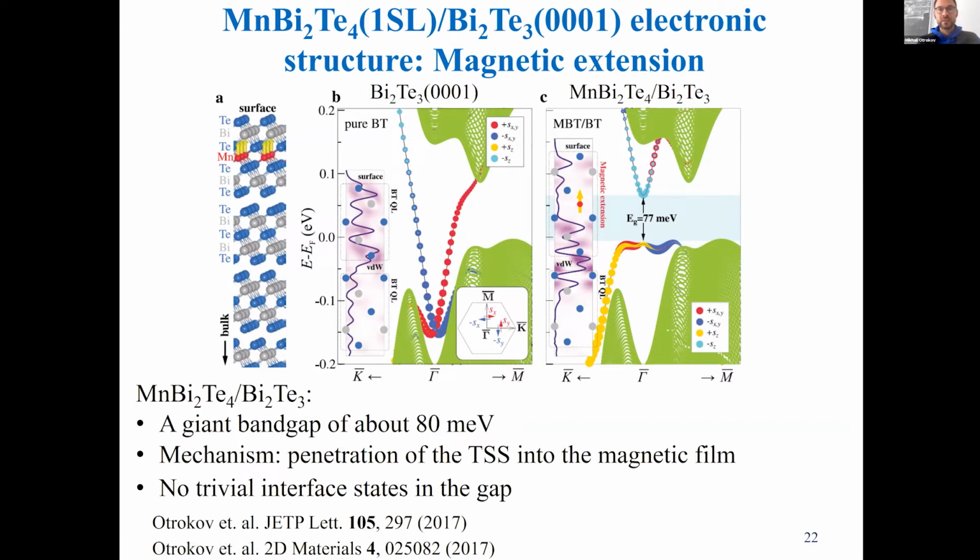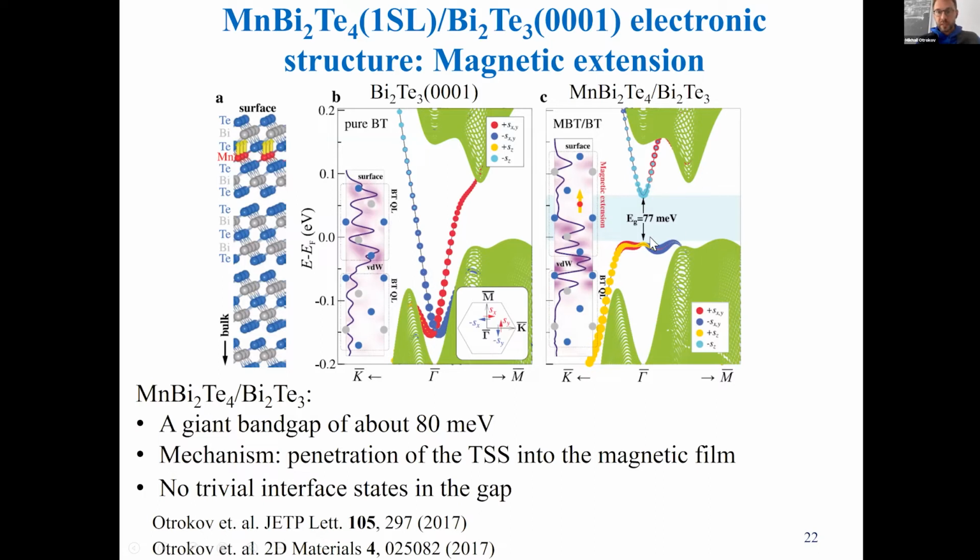So it looks quite attractive to try to split the Dirac point gap of the bismuth telluride surface state, which is this one with its characteristic dispersion. The Dirac point resides well below the valence band maximum. Then what happens if you put this on top of the TI?